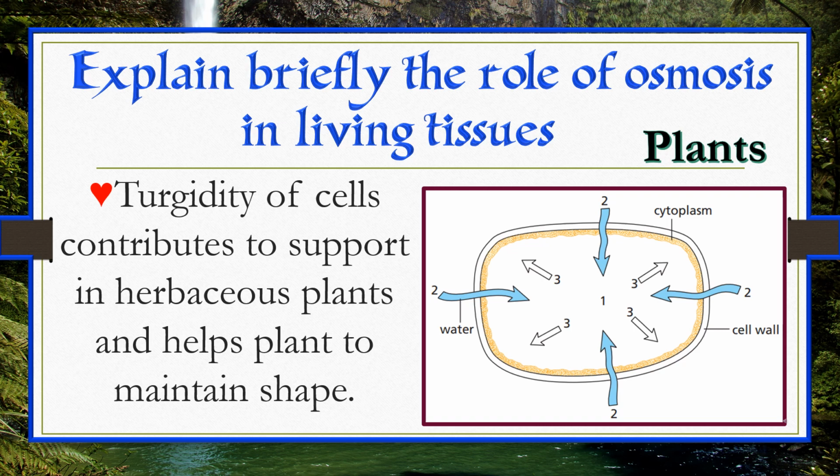As it increases in size, it provides a pressure, number 3, on the cell wall. That pressure we call the turgor pressure. And this turgor pressure exerted on the cell wall makes the cell become turgid. So osmosis contributes to the turgidity of cells, which contributes to the support in herbaceous plants, and it helps the plant to maintain shape.